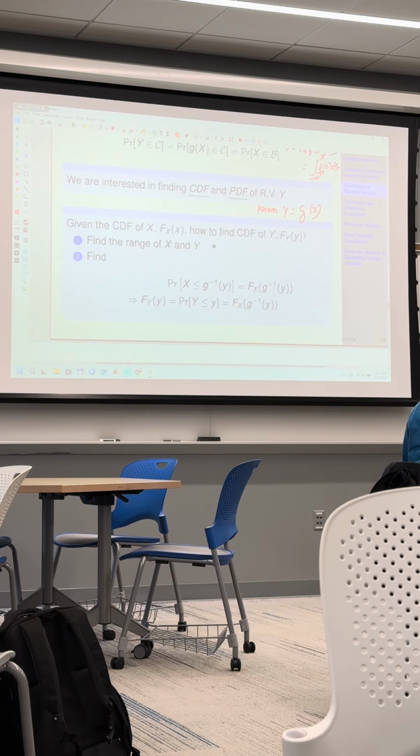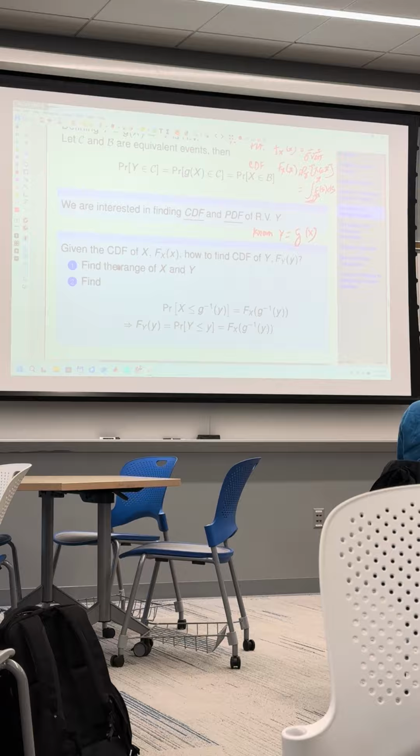The way you find it is, first, the range of x and y. Because you know the range of x, you should be able to find the range of y given the function. So you find the range of y, and then you find the inverse of this function, which will give you x. If you have y equals g of x, one thing that you notice is that the function itself is deterministic, but the argument is a random variable.